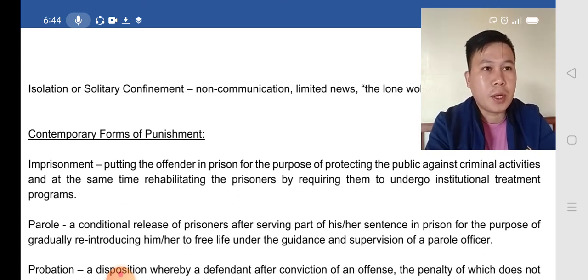O halimbawa 20 years, so nakapag-serve siya ng 20 years in imprisonment, so lalabas siya. Yung 10 years is doon na niya i-continue sa labas ng prison, sa community, whereas mayroon pa rin nagsusupervise sa kanya na parole officer.